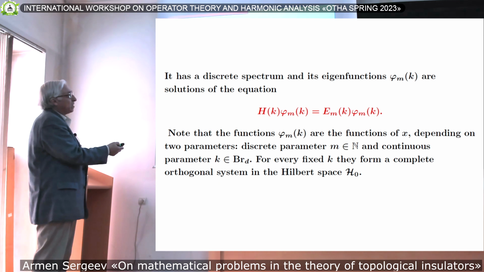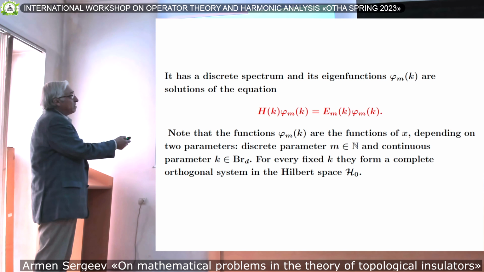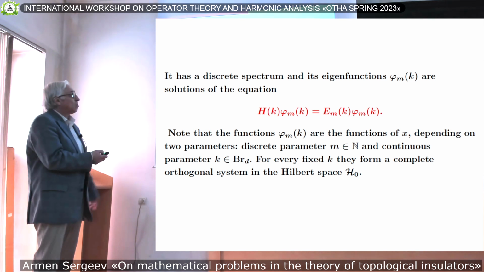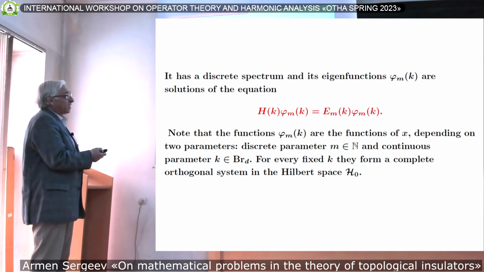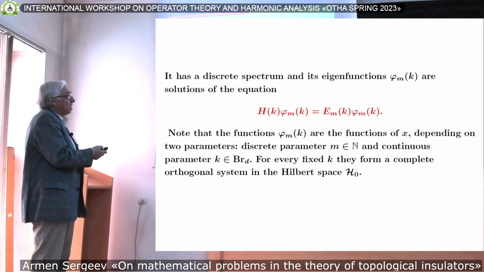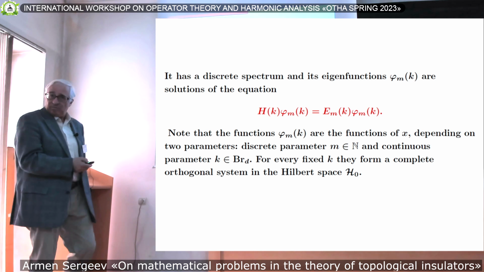This is the discrete parameter m, which is just a natural number, and the continuous parameter k, a vector from this Brillouin zone, from this torus. And for every fixed k, they form a complete orthogonal system in the Hilbert space H.